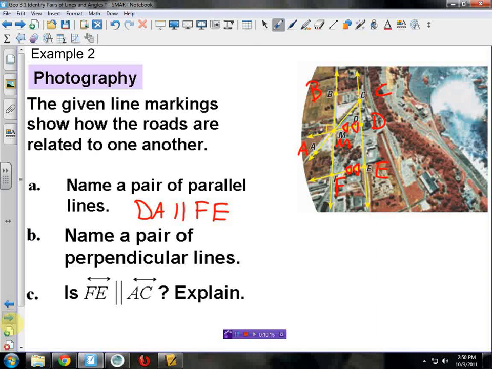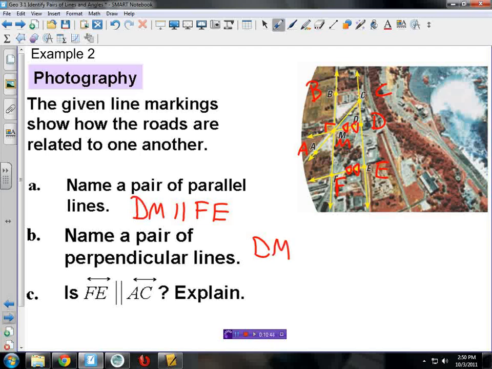All right? And what we want to look for is that little right angle mark. So on this one, we're looking at DA. From D to, oh, I guess that's an M. My bad. So this would be DM.